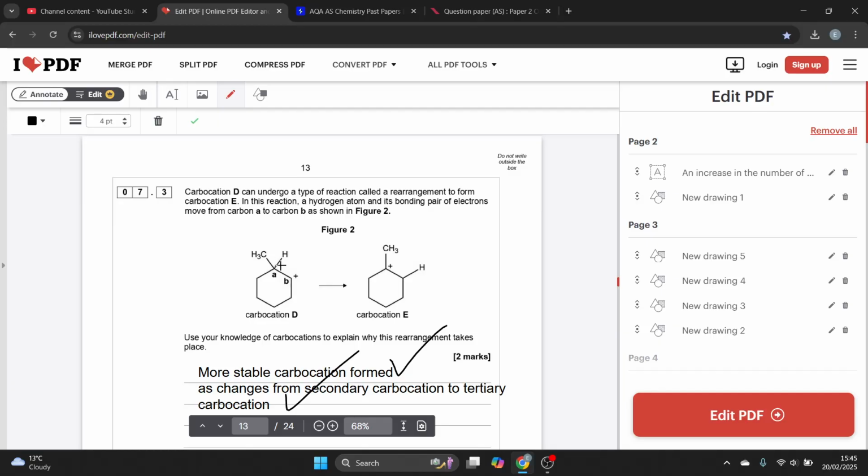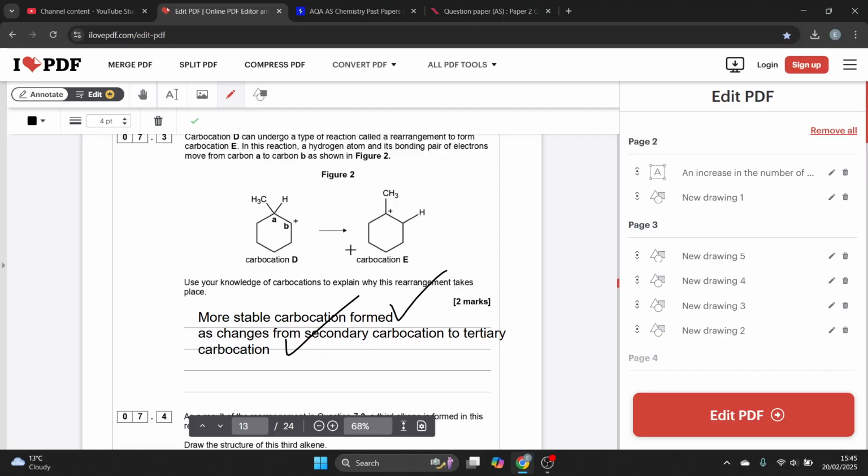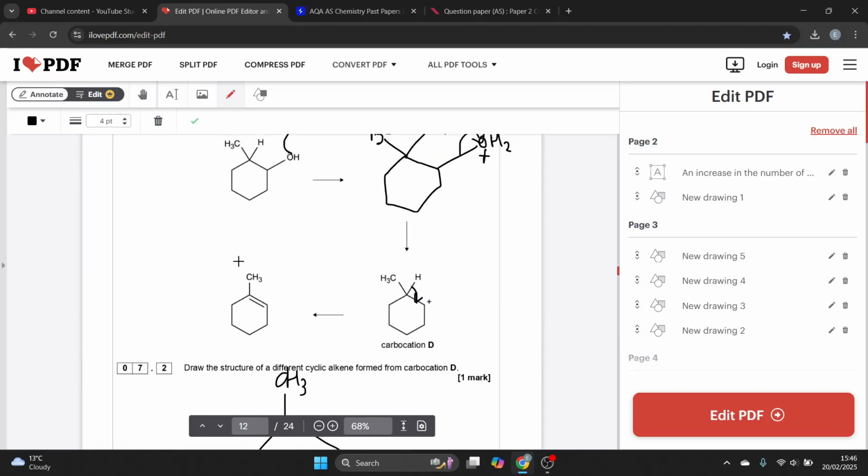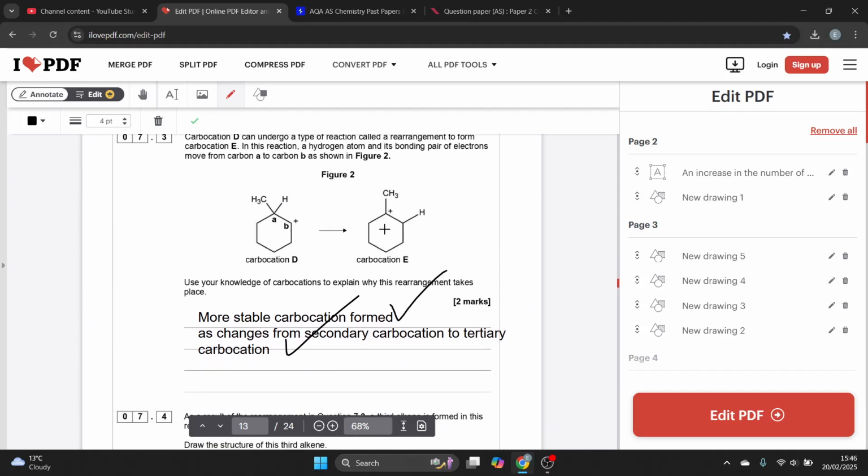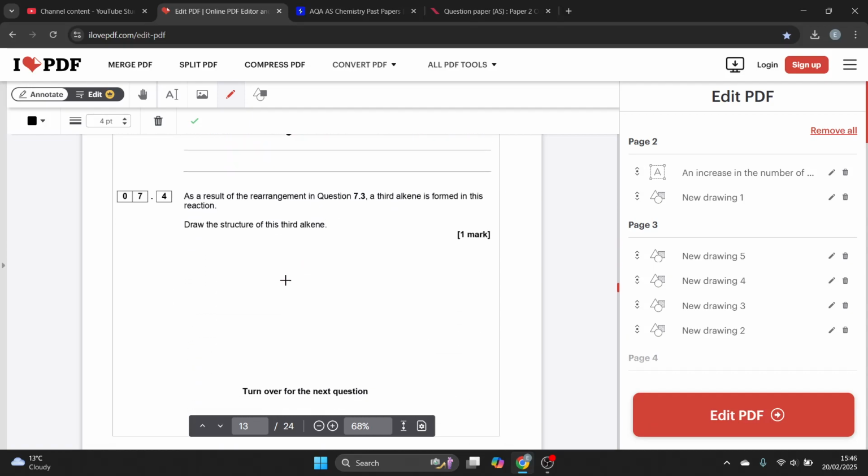Or what I could have is a double bond, so you form a double bond here, or you can form a double bond there, or what happens is you can form, let me draw this, a double bond CH2, you lose a hydrogen here.